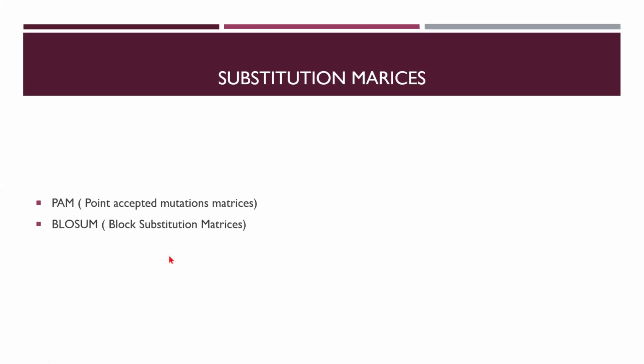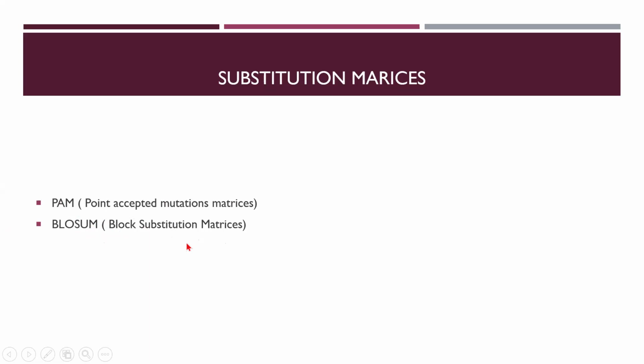And the second substitution matrix is BLOSUM. This BLOSUM is block substitution matrices. Block, from the block, BLO is taken, substitution, SU is taken, matrix, M is taken. So it is abbreviated as BLOSUM, block substitution matrices.